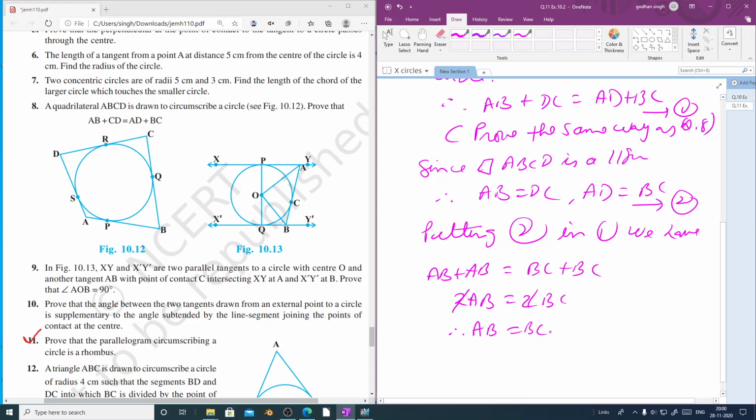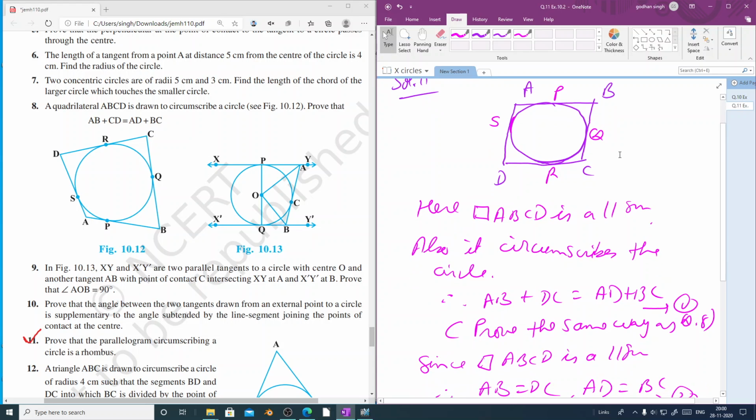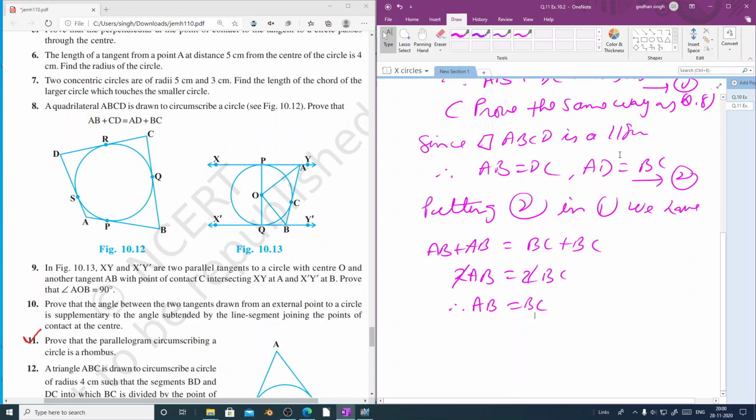Now let us refer back to our figure. Here we can see that AB and BC are adjacent sides. In a parallelogram, if adjacent sides are equal, then that parallelogram is a rhombus. So we will say that parallelogram ABCD is a rhombus. Why is it a rhombus?